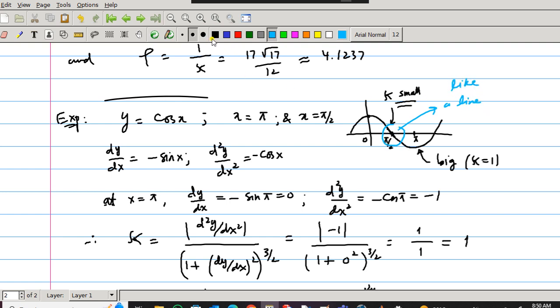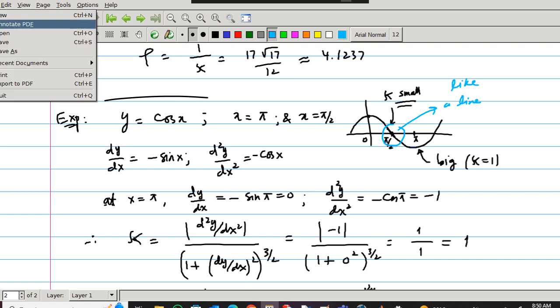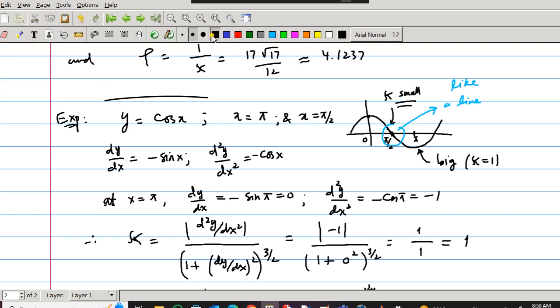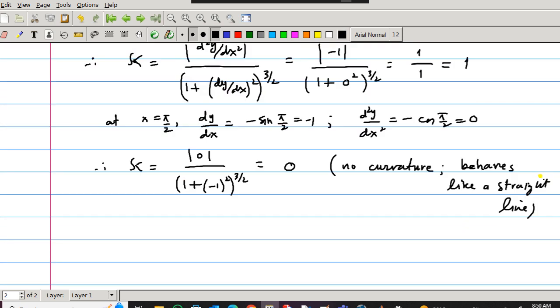That's why your curvature has become 0 here. So we already knew that your kappa has to be small here and big at pi. And the calculations also give you the same thing.